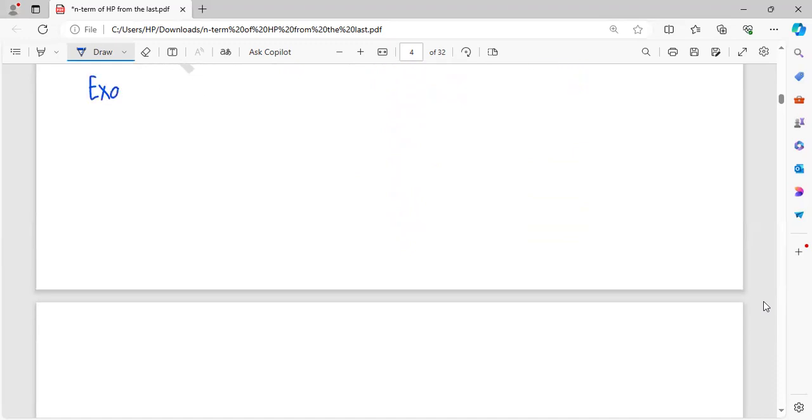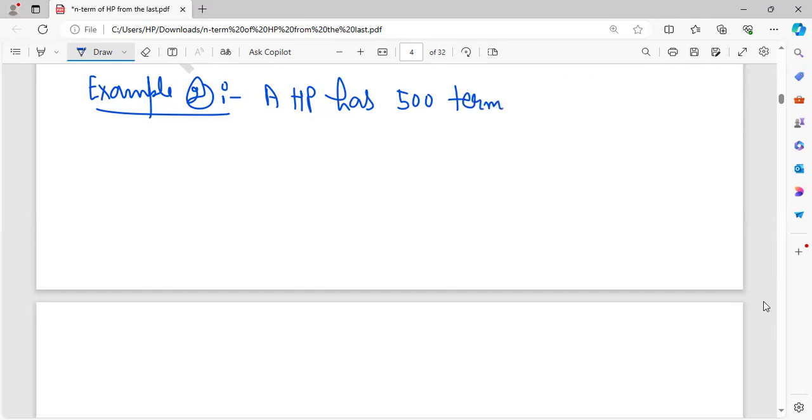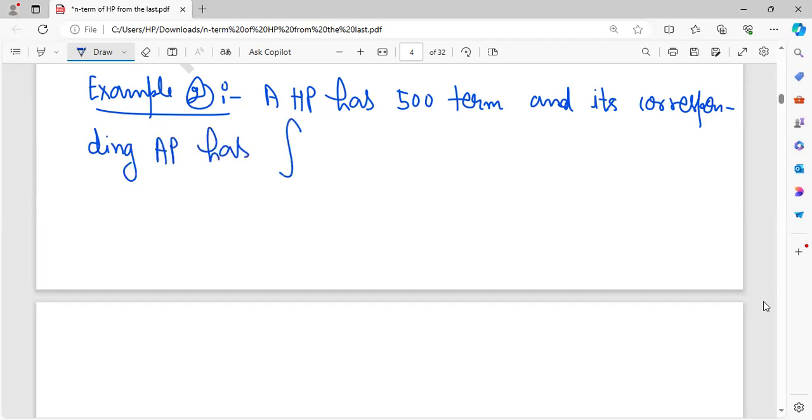Example 2. An HP has 500 terms. Okay. And its corresponding AP has first term 1 and common difference 8.